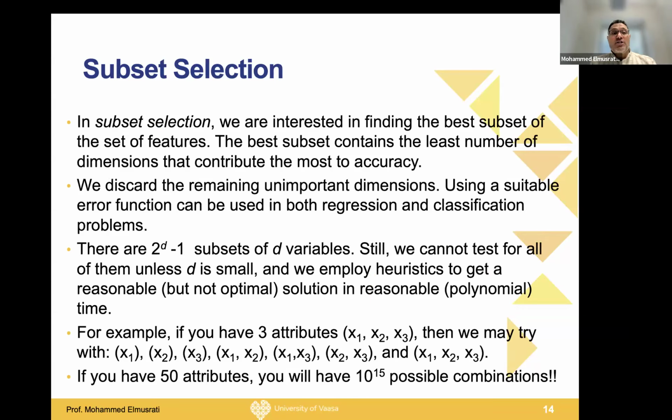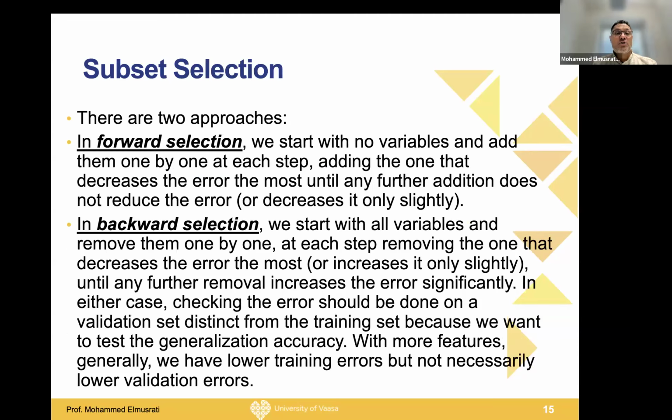What was explained in the lecture is the subset selection, and you can read about it. We have two kinds of subset selection, as I mentioned at the beginning. We have forward selection, which means that you start with no features and add feature by feature. You put the first feature, you make the learning, you check the quality over the validation, you take the second feature and repeat, third feature, repeat, until D features. Then you start to take two features, then three features, and so on, and you repeat until you get an acceptable validation accuracy.